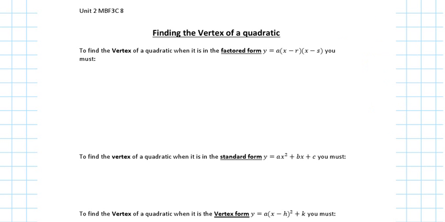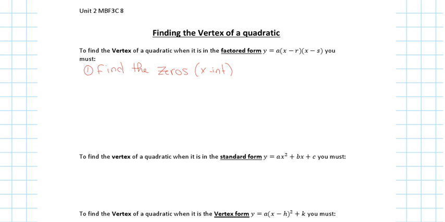Now, if I want to find the vertex when it's in factored form, first you must find the zeros, or the x-intercepts. So if I'm looking at this, what would I call the x-intercepts?